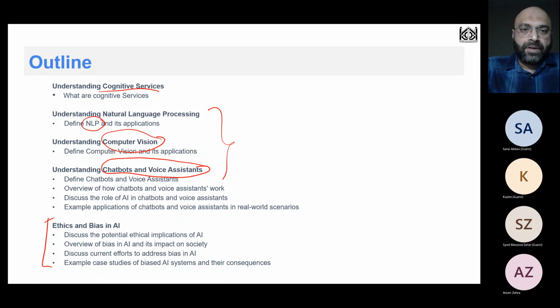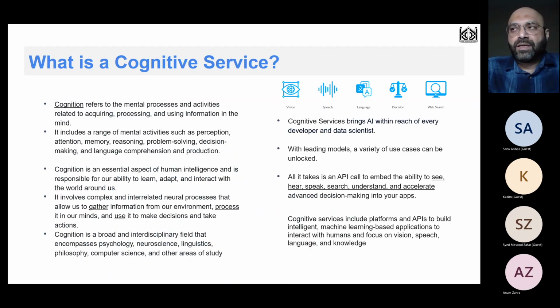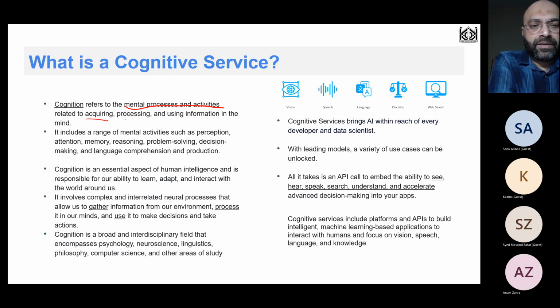Okay. Moving on, so what are cognitive services? Its root word is cognition. Cognition refers to the mental processes and activities related to acquiring, processing, and using information in the mind.